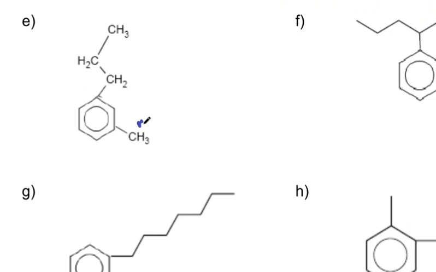We have a methyl group that starts with M, and a propyl group that starts with P. Alphabetical order says the M group goes first, so that'll be carbon number 1, and we can call this 1-methyl. Two, 3, 4. This could be 5-propyl, or if we go the short way, which we obviously want to do, it's 3-propyl. And of course our primary is benzene.